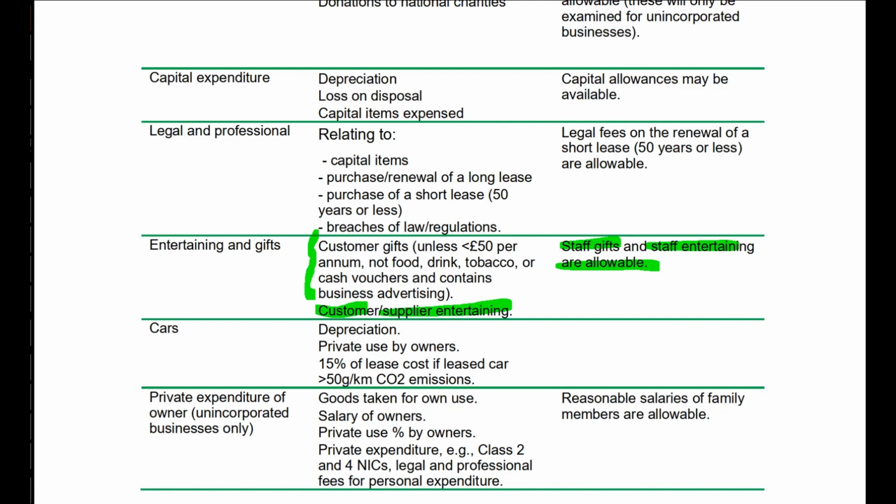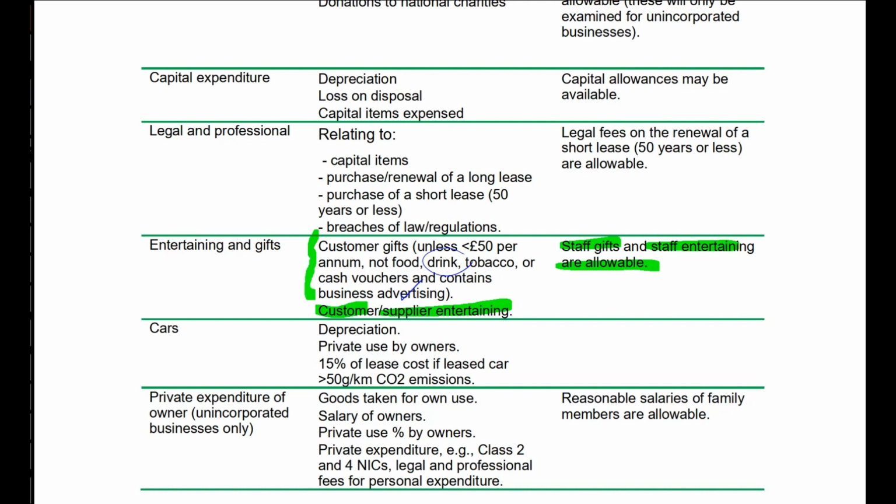They are not food, they are not drink, and they are not tobacco, they're not cash vouchers, and they must contain a business advert. So this gift does include a business advert, so it certainly qualifies in that respect. I don't know what it costs because the question doesn't tell me, but I do know that it's drink. And because it's drink, it fails on that hurdle.